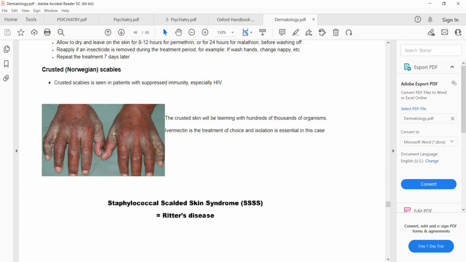That is, you can see this crust formation in the interdigital spaces. This is a typical feature of this Norwegian or crusted scabies. So in short, you can say that scabies with crust formation in the interdigital spaces, your diagnosis will be crusted scabies or Norwegian scabies.